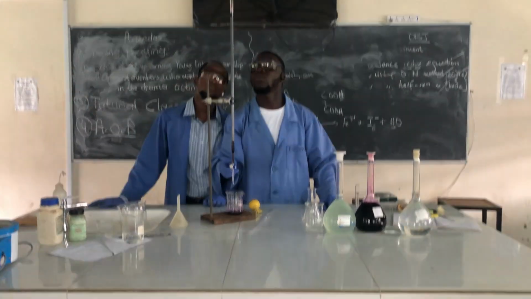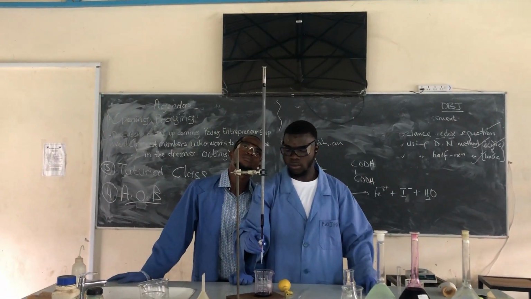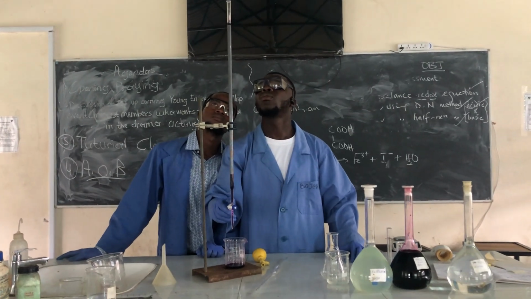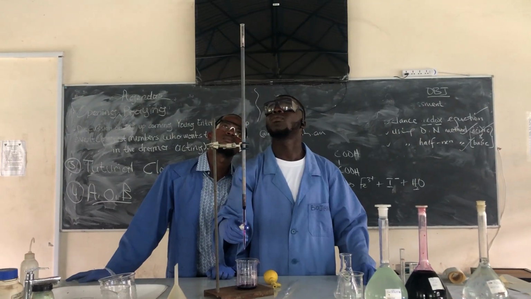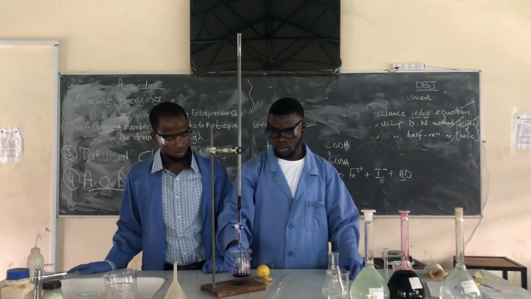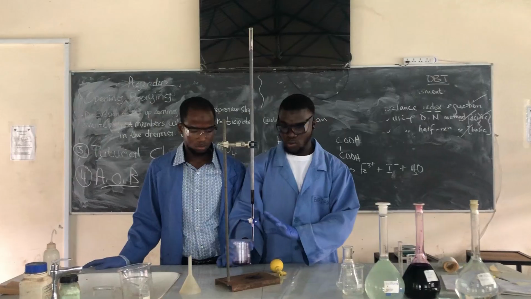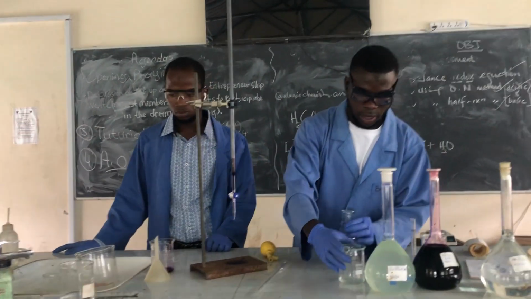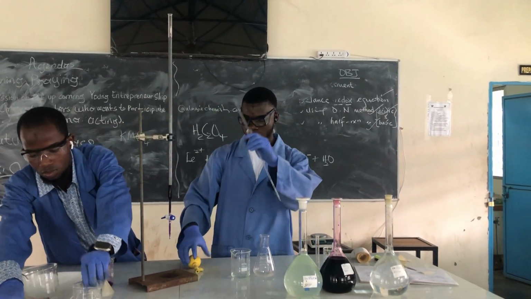Now, let's calculate this from 0. So it's at 0. Now, you see this kind of drops, do not blow it. You should leave it like that. Then we are going to pipette our iron sulfate into the conical flask using the pipette.